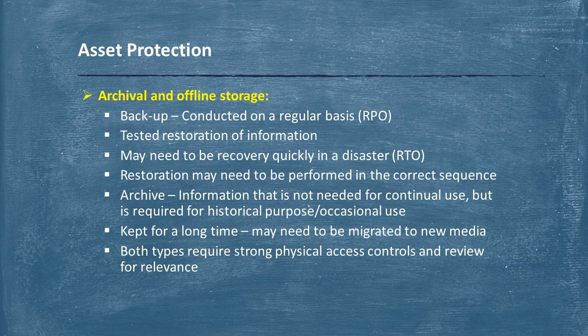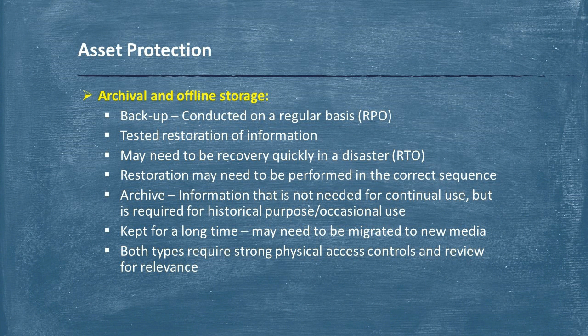Information that is not needed for continual use but required for historical purposes should be archived. It may need to be migrated to a new media when keeping it for a long time. If you wish to keep particular data for a longer period of time, it has to be migrated to a new media.